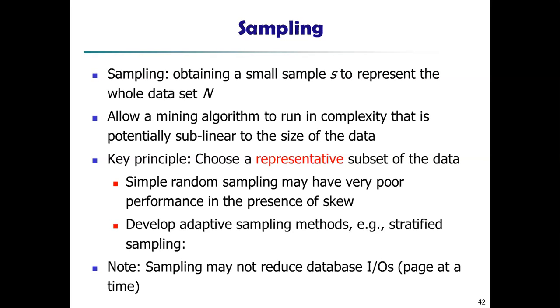So the key principle of sampling is representing a subset of the data. Simple random sampling technique may have very poor performance in the presence of skew. Developing adaptive sampling methods, such as stratified sampling. Sampling may not reduce database I/Os.